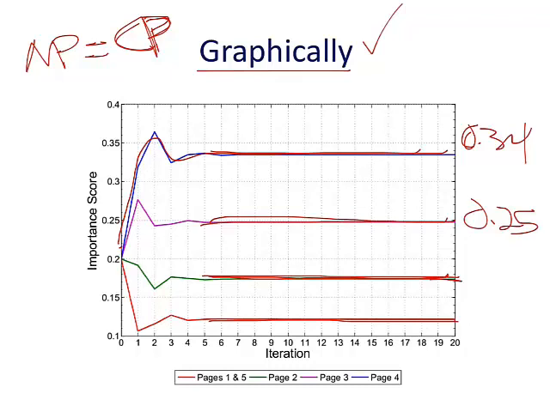And page 2 is about 0.174. And pages 1 and 5 actually tie here for 0.122. So this is how they go over time.